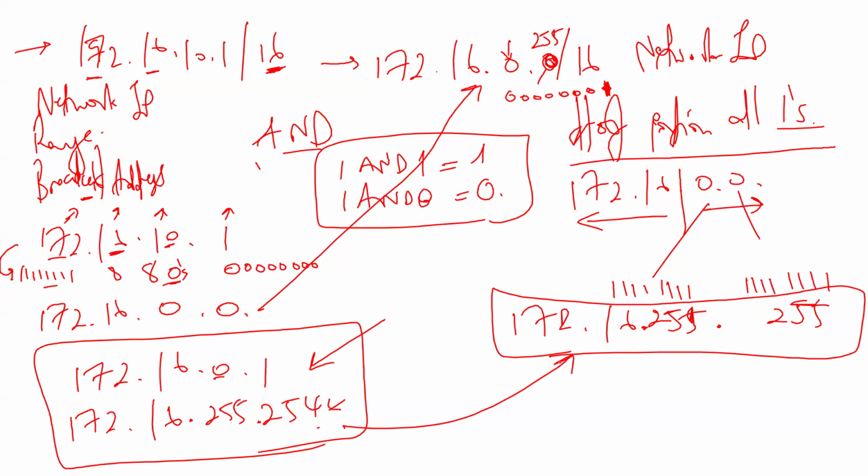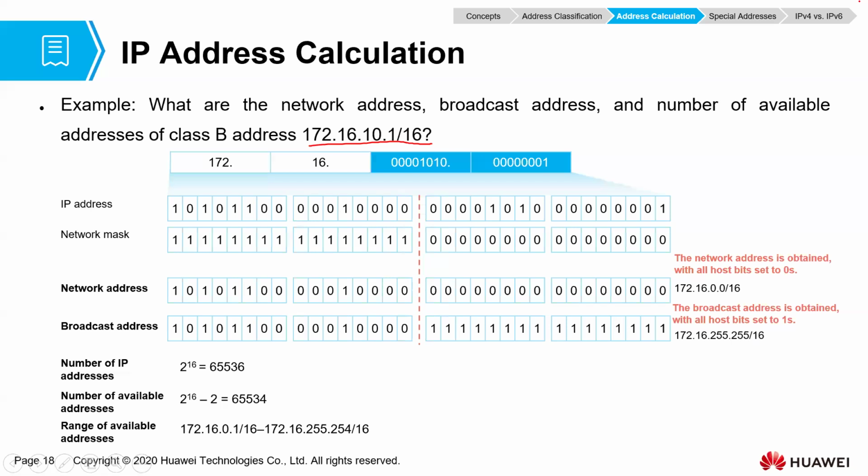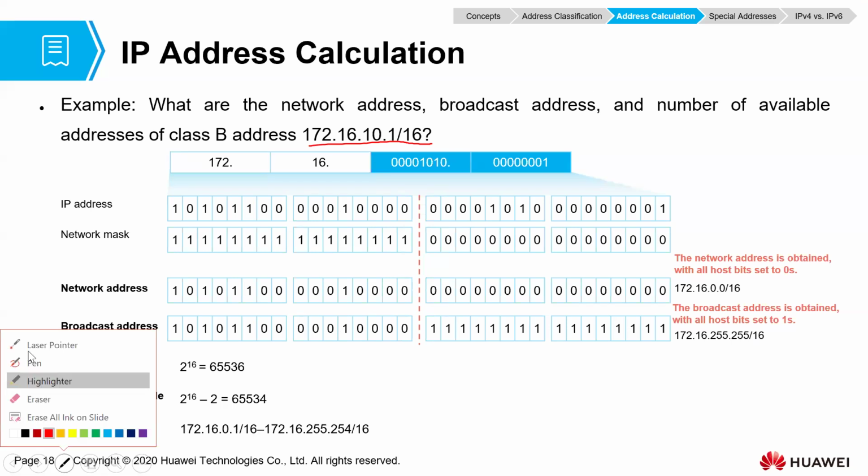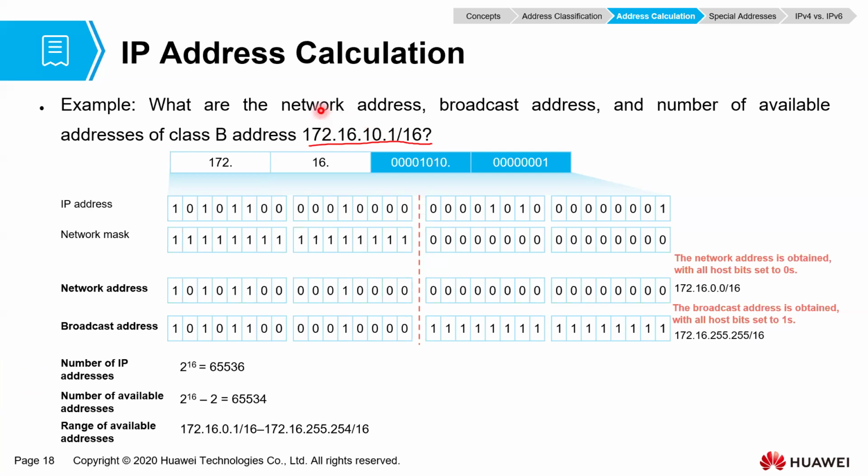So the relationship basically becomes, if you are given an address like this one, you have to find the network ID.